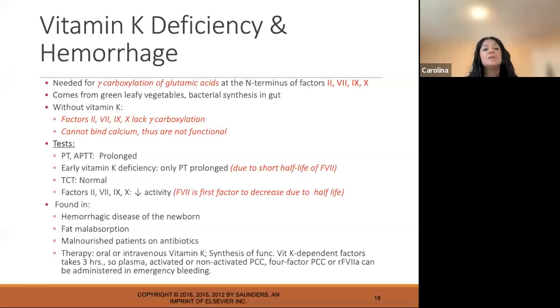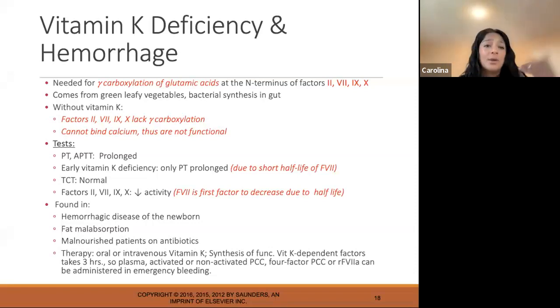All right. So for vitamin K deficiency, you can give oral or intravenous vitamin K. You can monitor these deficiencies, give oral vitamin K and see how that does for your patient eventually.